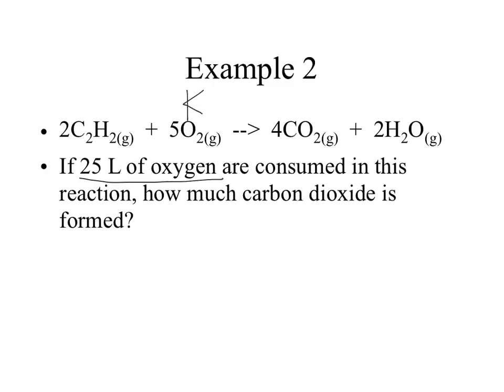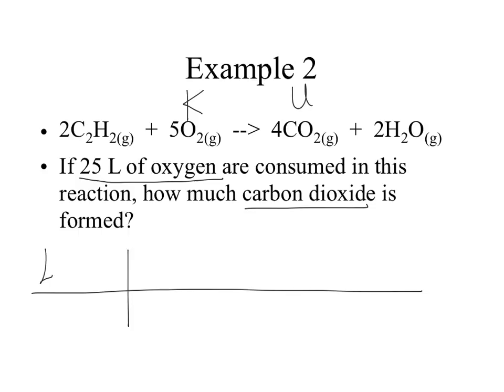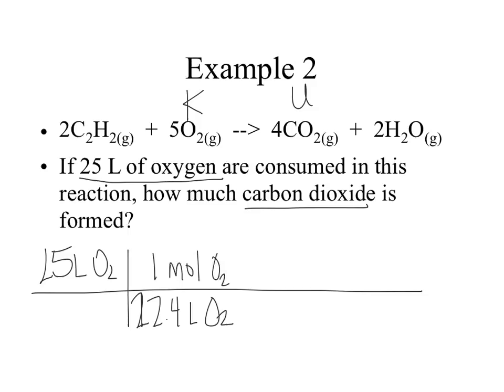One last practice. So if we have 25 liters of oxygen, oxygen is going to be our known, that are consumed in this reaction, how much carbon dioxide is formed? So carbon dioxide is going to be our unknown. So we're going to start with 25 liters of oxygen, 22.4 liters of oxygen to every 1 mole, but I don't want oxygen, so let's use our mole ratio.